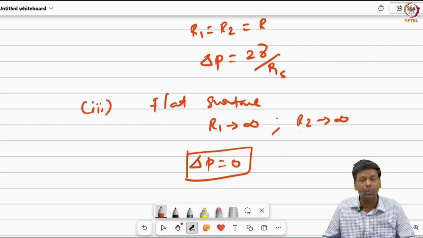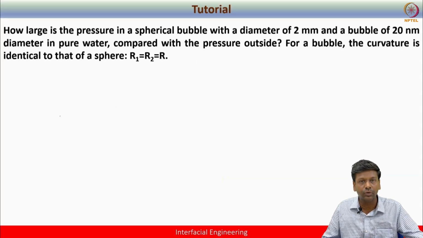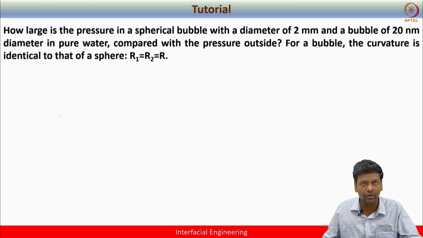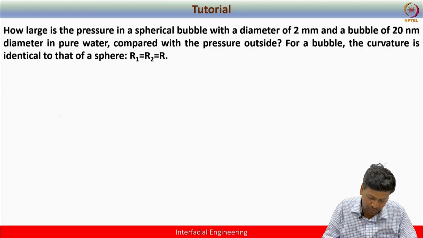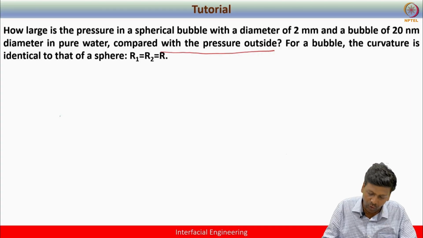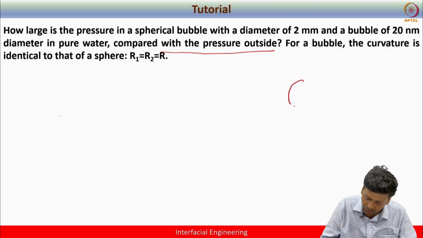All right, so now we will move on to the tutorial part today. Here we have a problem where we are asked to compare the pressure inside and outside in two cases of a spherical bubble.